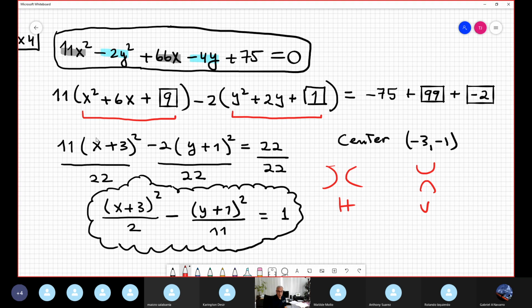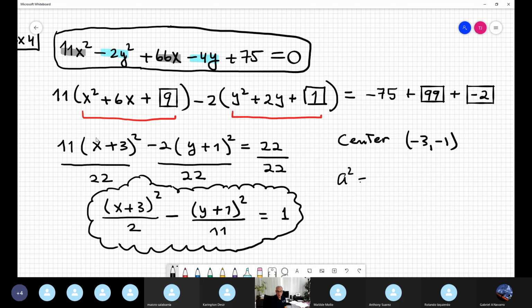Okay. What about a squared and b squared? Who is a squared, and who is b squared, in this equation?